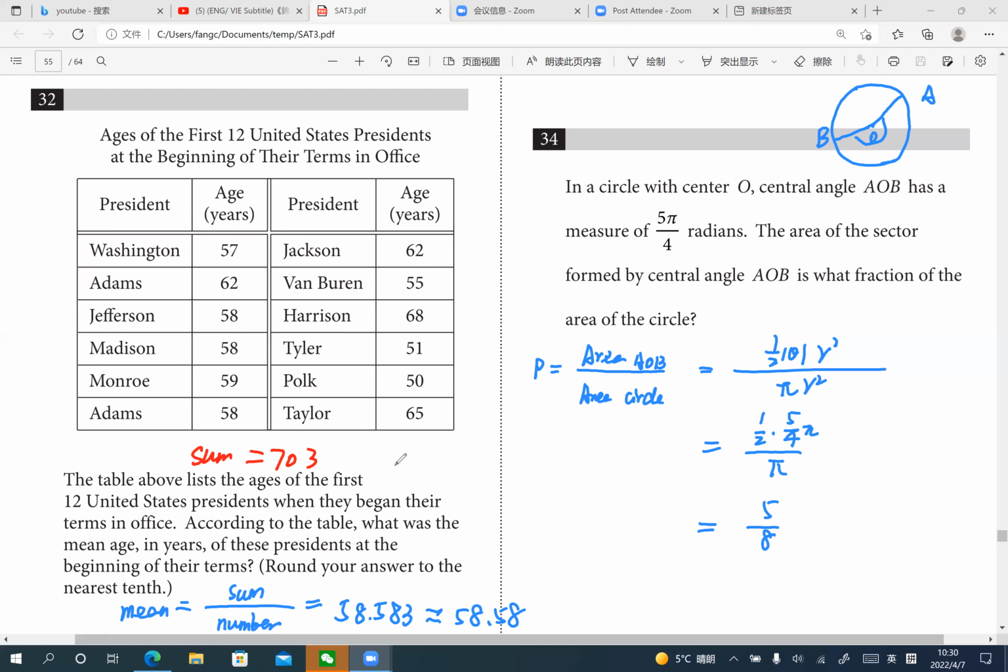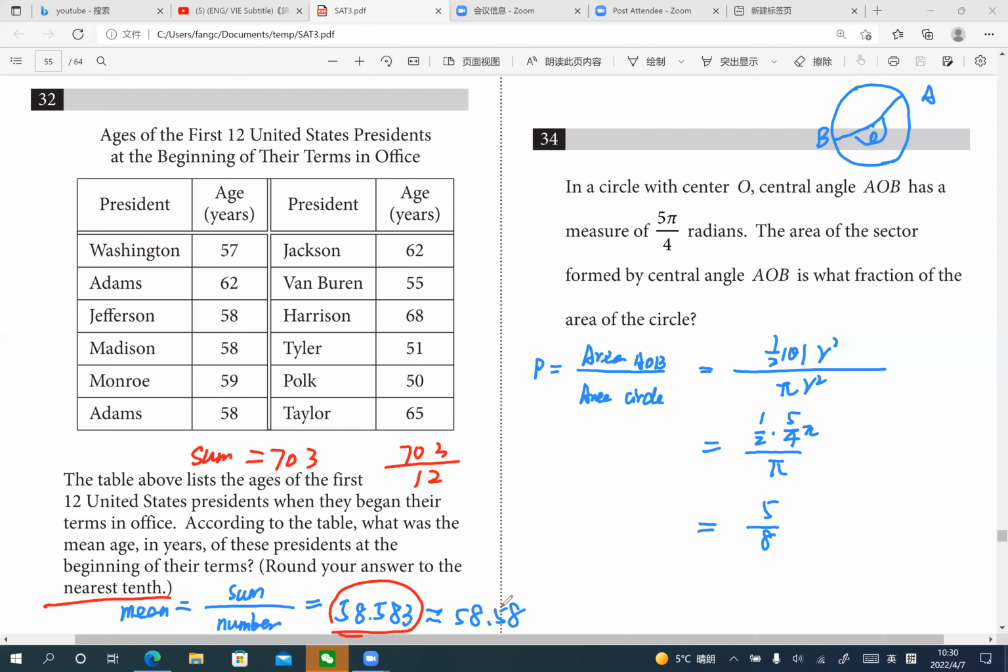So we use 703 divided by 12, we get 58.583. Rounding your answer to the nearest tenth, we get 58.6.